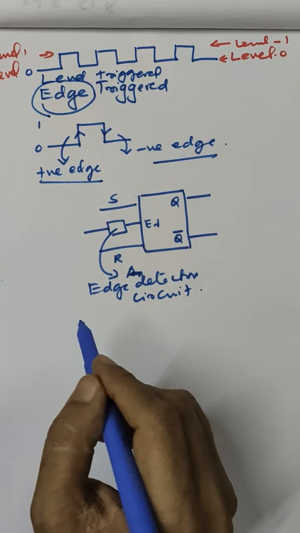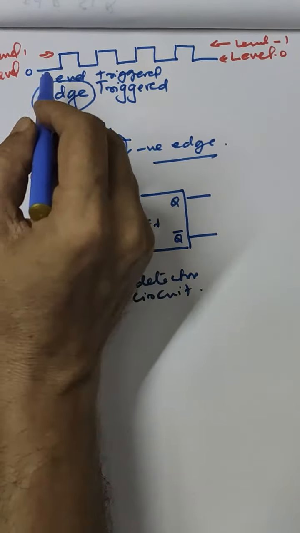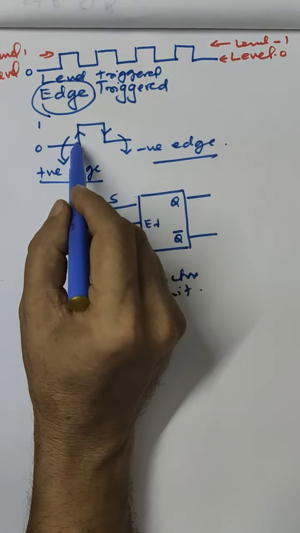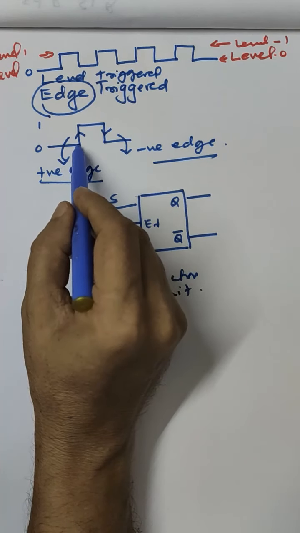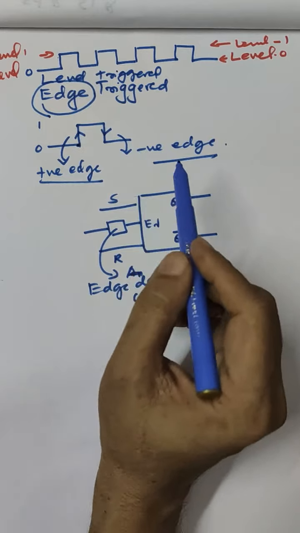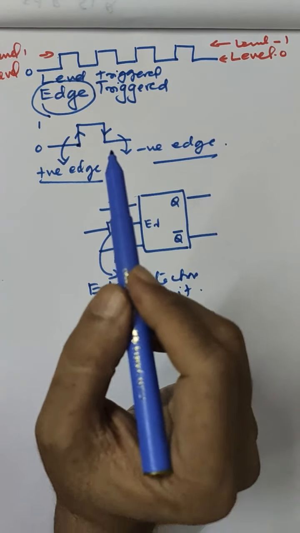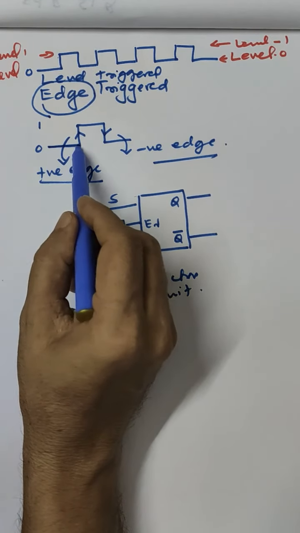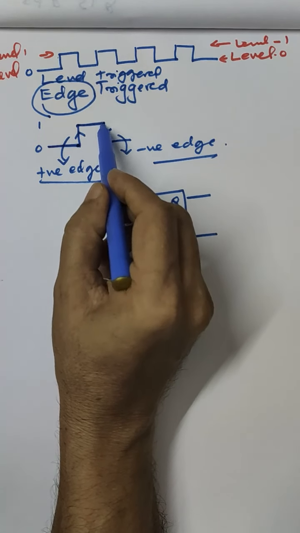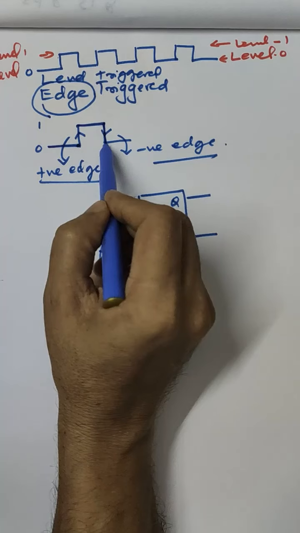A positive edge triggered flip-flop will respond only during the positive edge, that is when the clock is making a transition from 0 to 1. It will not respond, or it will be in the disabled state, when the signal is remaining 0, when the signal is remaining 1, or when the signal is making a transition from 1 to 0.